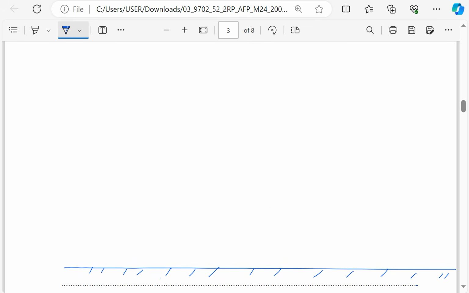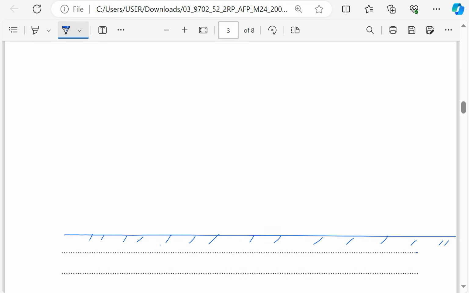Okay, so I will put a sand tray somewhere. So I'm going to call this the bench, and I will call this one the sand tray.